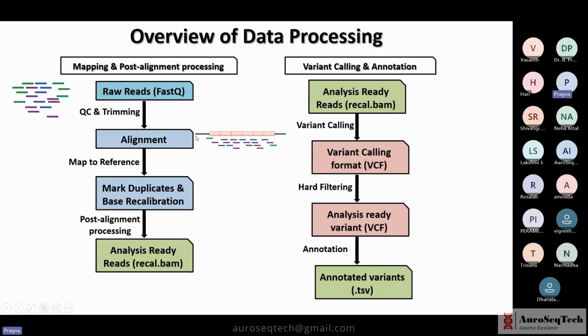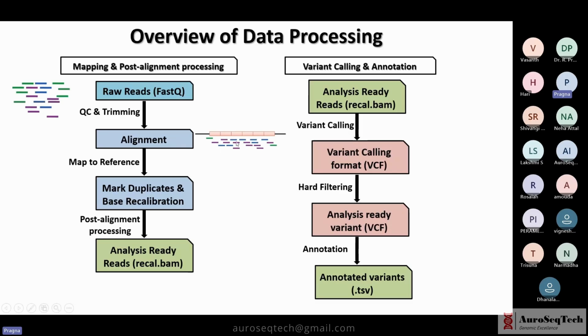We have different reference genomes, like HG19 or HG38 for human. HG38 is mostly in use. So the reads are aligned to the HG38 reference genome. Mapping to the reference genome is done.